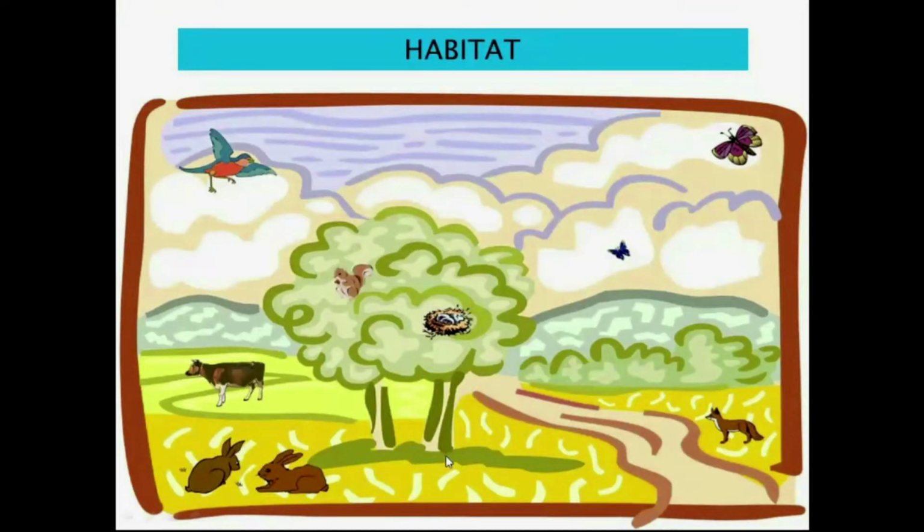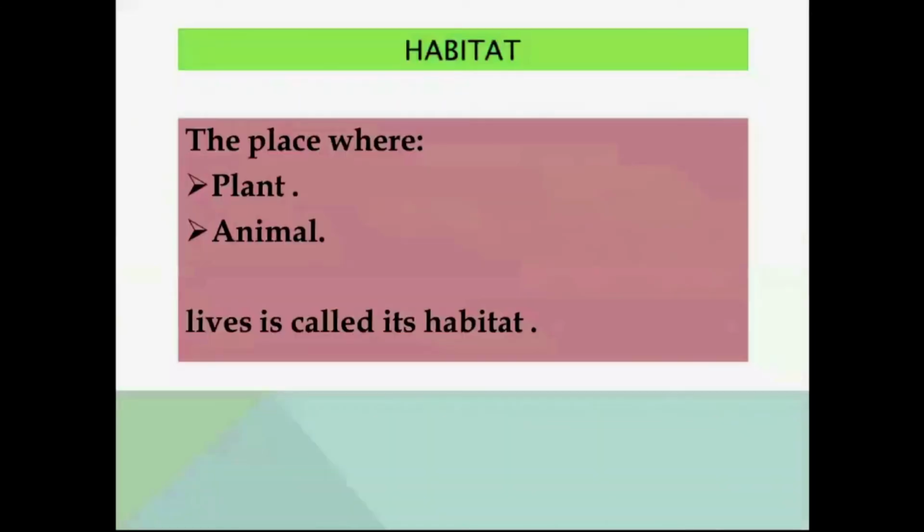Same is with the plant. This tree is on the ground. It is not in the air. It means what's the habitat of this tree? This ground is its habitat. This soil is what? Its habitat. Every animal and every plant has a different habitat. We need to know what a habitat is.